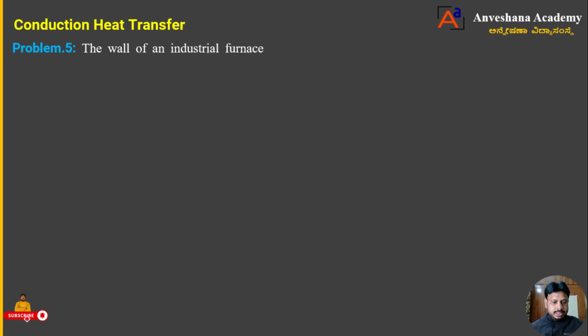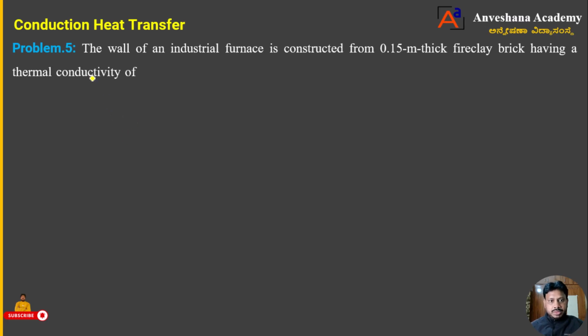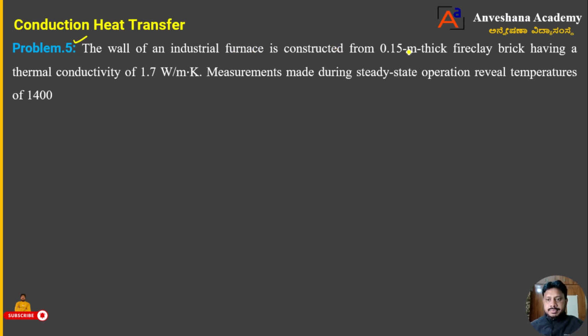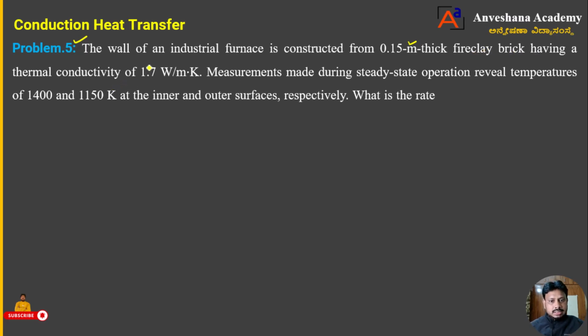First, dear students, I will read the problem, then I will solve it step by step. Numerical 5: the wall of an industrial furnace is constructed from 0.15 meter thick pyre clay brick having a thermal conductivity of 1.7 watt per meter Kelvin.